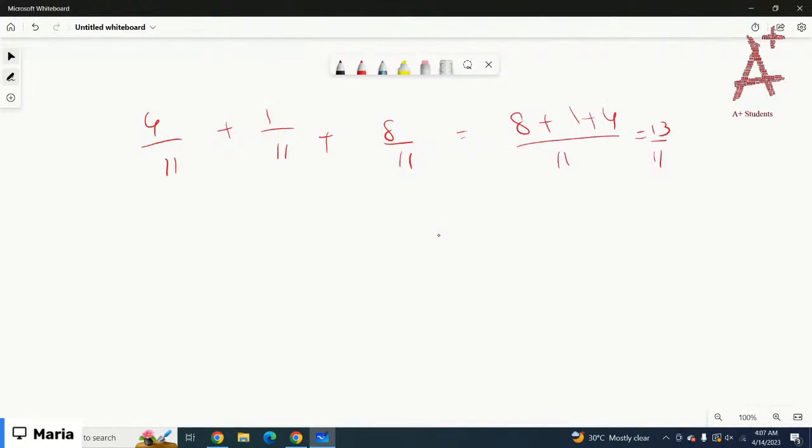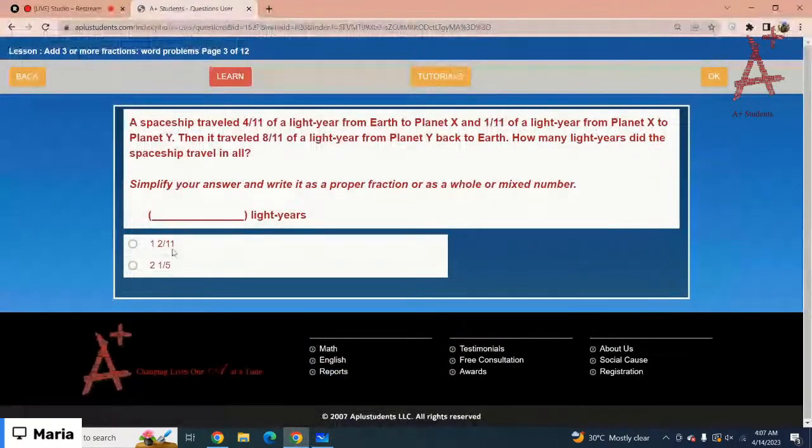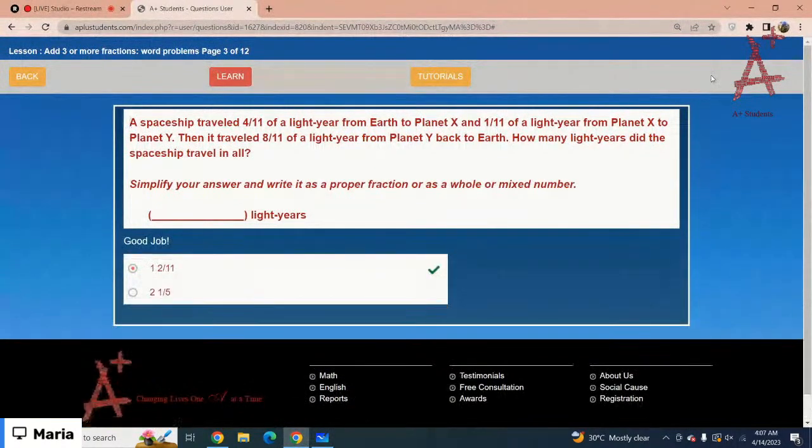It would be 13/11. So just divide 13 by 11. 11 times 1 is 11 and 13 minus 11 is 2. So it would be 1 whole 2/11. Got it? So option number 1 is the correct option. 1 whole 2/11 is the correct option.